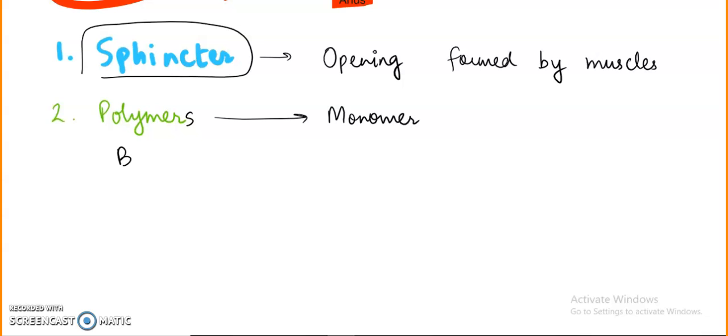A polymer is a bigger molecule. There are some people who love wearing a bracelet, and a bracelet is made up of small hooks.